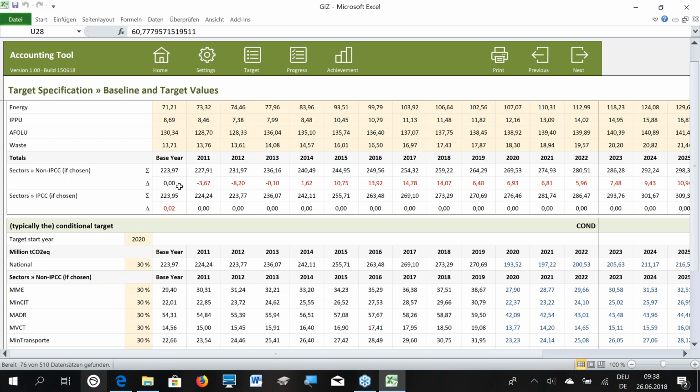In the Colombian case, we found that some emissions are not attributable to a certain ministry, either because they are not covered by a certain ministry, or because there are several ministries that would actually be responsible.